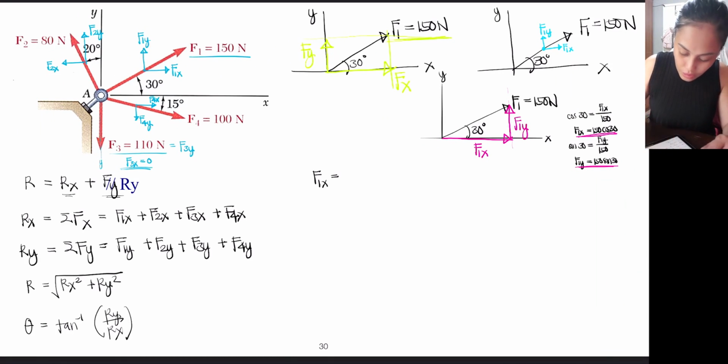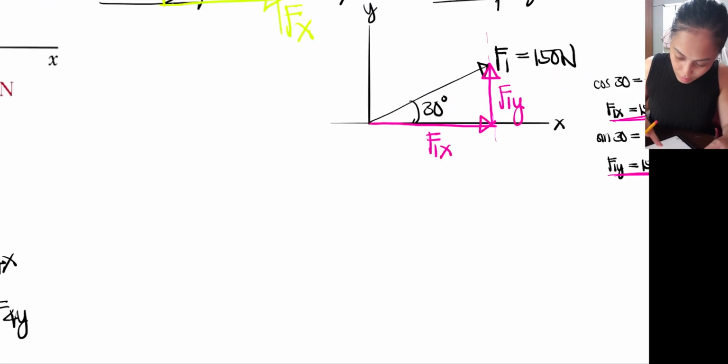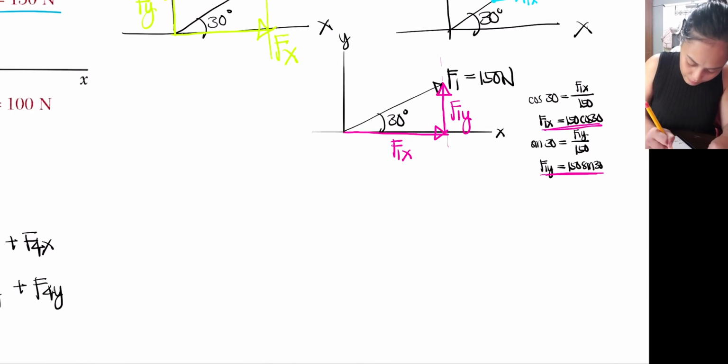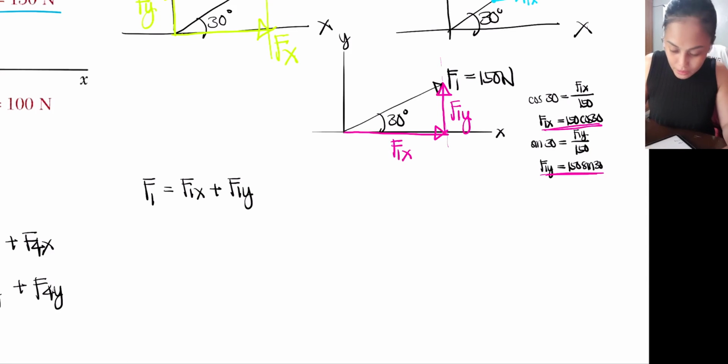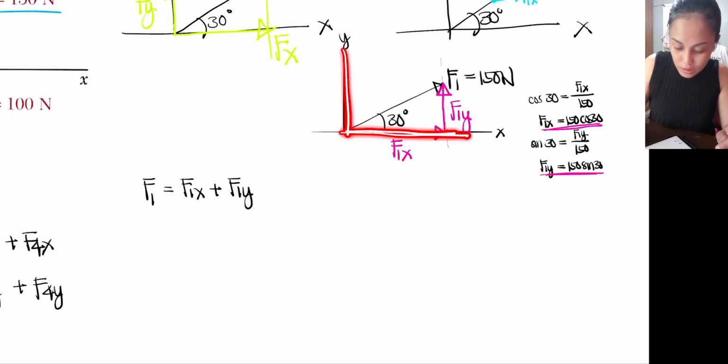Okay, so we have force F1 is equal to F1x plus F1y. Positive ang sign sa F1x and F1y, kaya naman siya diri along sa ani nga quadrant where x is positive and y is positive.